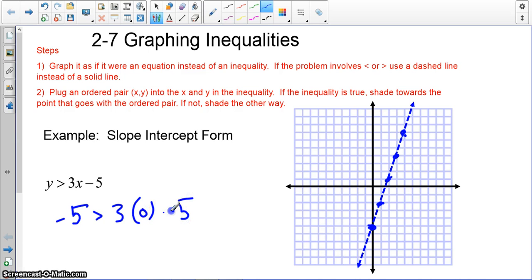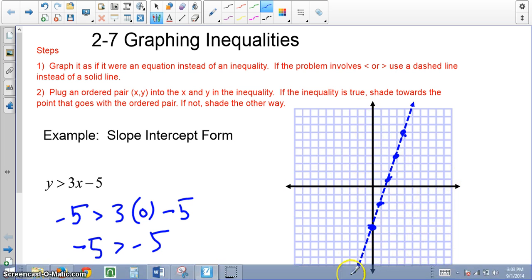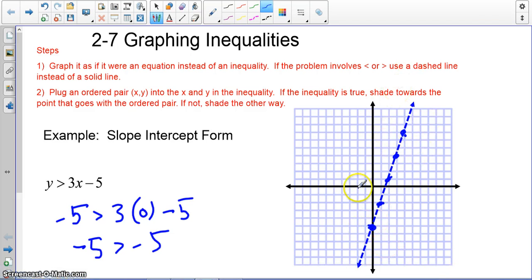And you verify that, wait, that's not true. Negative 5 is greater than negative 5. No way, Jose, that's false. When you're graphing these things, the idea is you're graphing all the ordered pairs that actually work, and what we just figured out is the boundary of that region. But the boundary doesn't work if you plug it in. If you plug in any number on this line, it doesn't work in this inequality. Negative 5 is not greater than negative 5, all right?